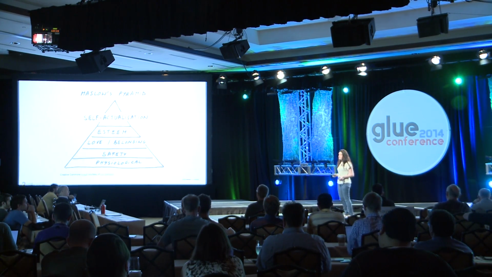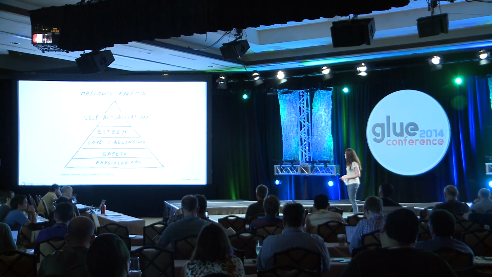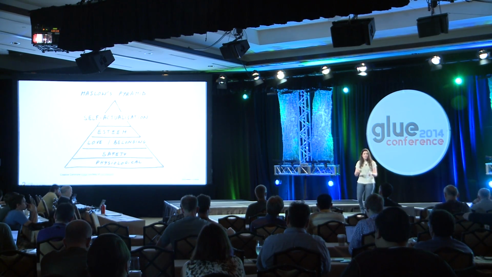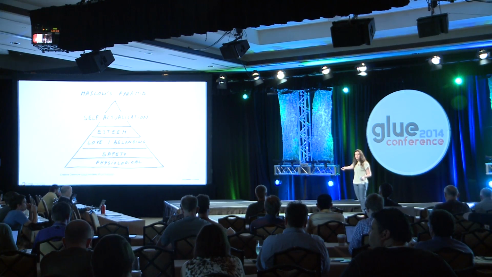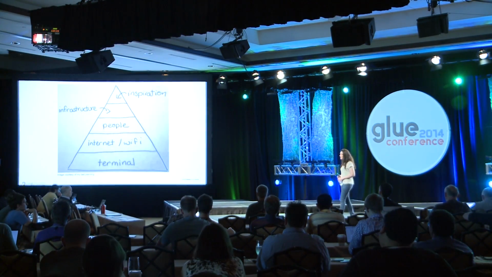Move up to safety and interpersonal and self-esteem. And then we can kind of be the best people we can be, right? And can we apply this to our developers? And specifically, if you have an API that you are putting out for public consumption, can this help you? So I started thinking about, well, what's my own personal hierarchy of needs?